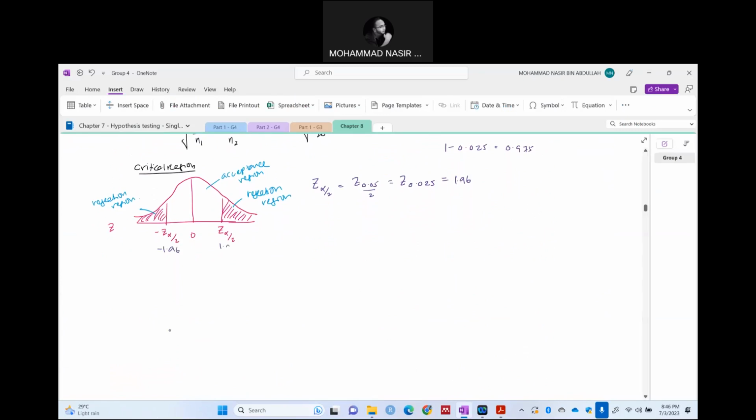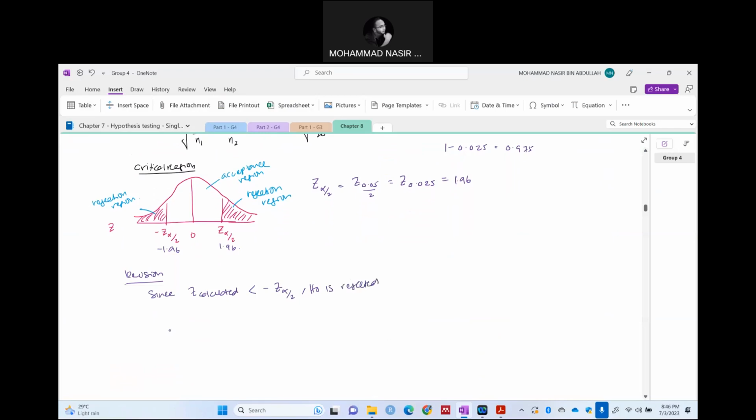So our decision: since Z calculated is less than negative Z alpha divided by 2, the null hypothesis is rejected.